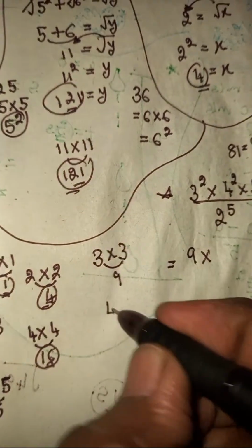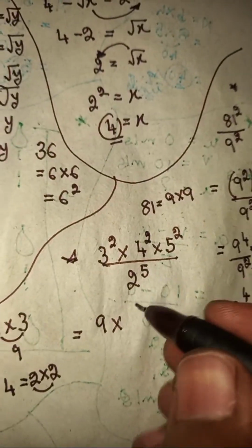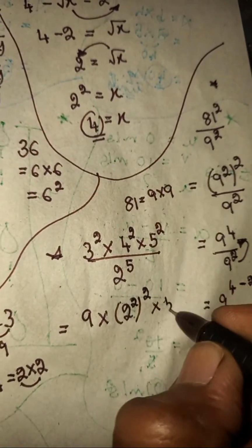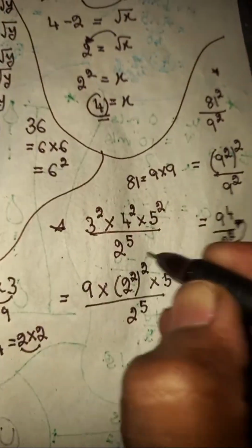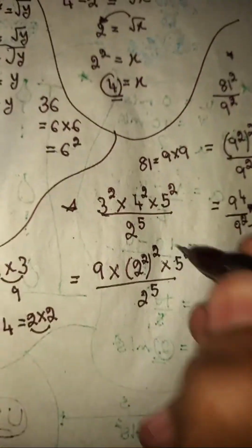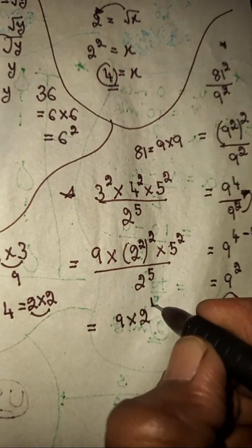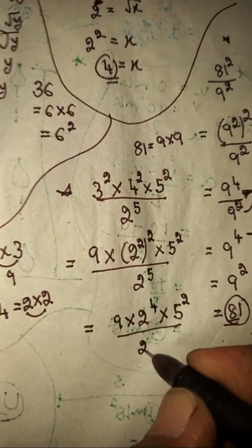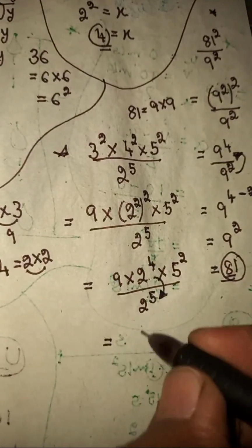You can write 4 as 2 times 2. So 4 can be written as 2 square whole square, times 5 square by 2 power of 5. Here if you multiply 2 times 2, it becomes 4. 2 power of 4 times 5 square by 2 power of 5. When this comes down, you can decrease power.